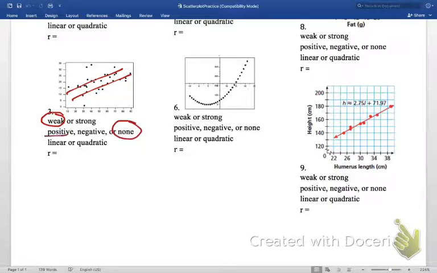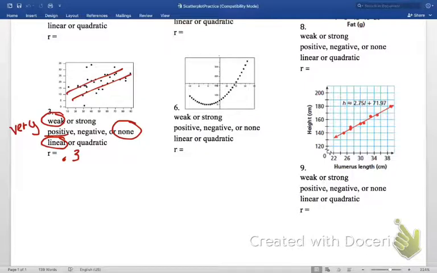If you went ahead and did positive, that's fine. We could say it's still linear, but the R value is going to go down to like 0.3, 0.4. This is very, very weak, okay?